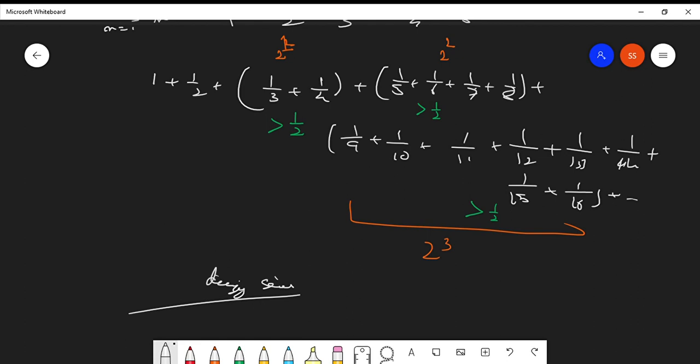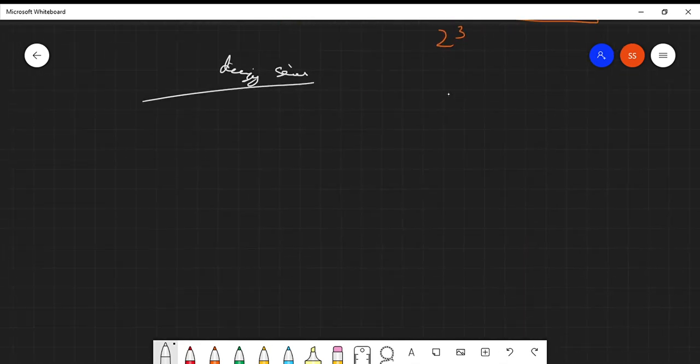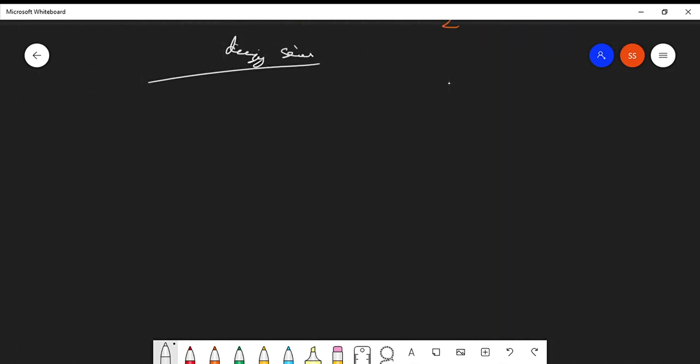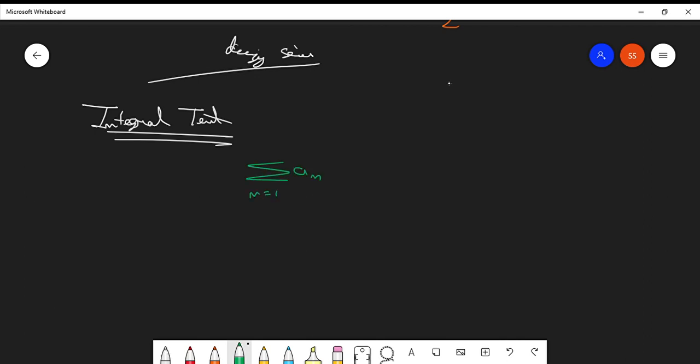Now we move on to the first test of the convergence or divergence of series, which is called the integral test. Generally, in the integral test, what we do is that you have a series a_n, n equals 1 to infinity.